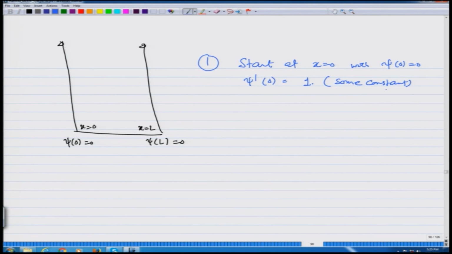I will keep showing what I am doing here. So, in this box I have, let me show psi by red, psi equals 0 and some slope. What we can do with this is find the value at the next point.